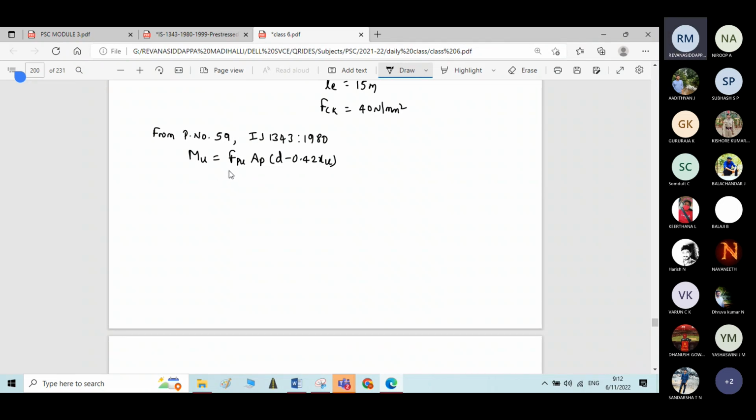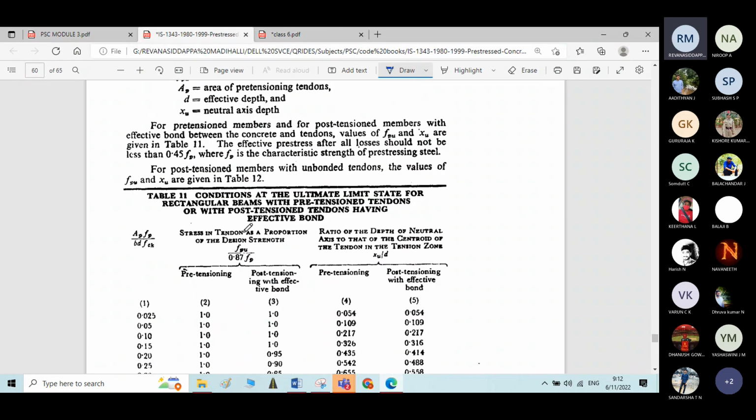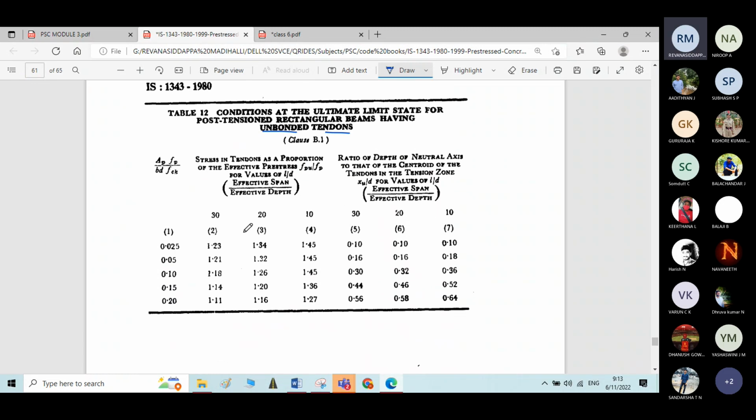Okay. And the values of this FPU, ultimate tensile stress in the tendon, and depth of neutral axis, are obtained by using table 12, for rectangular beams having unbonded tendons.